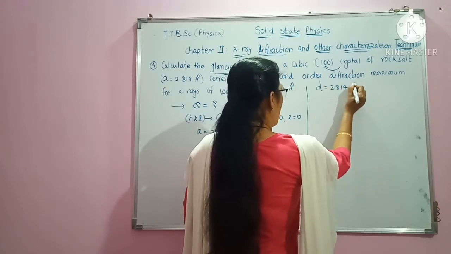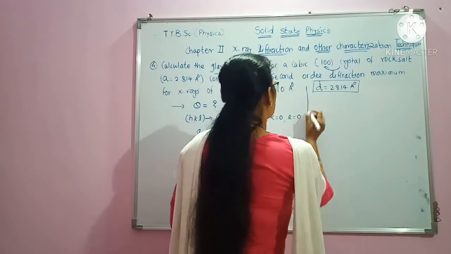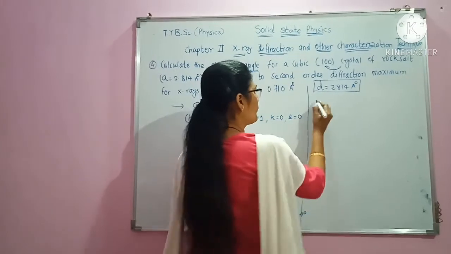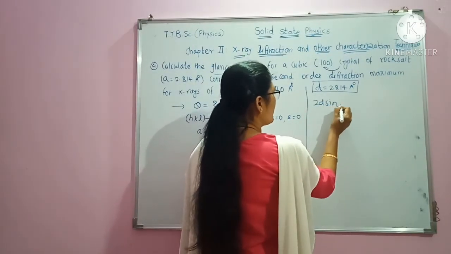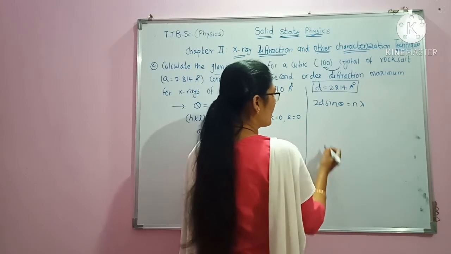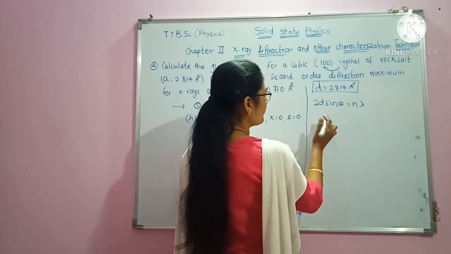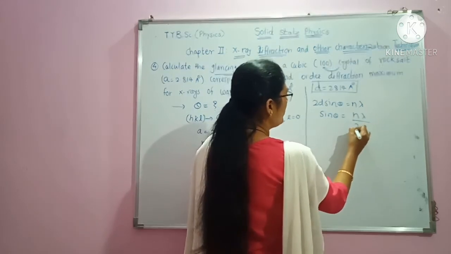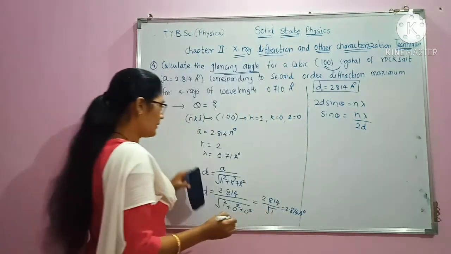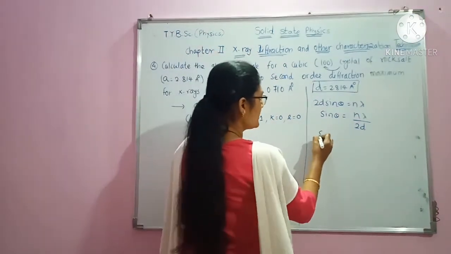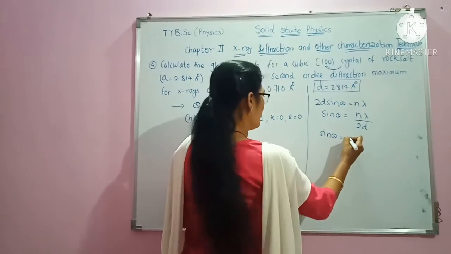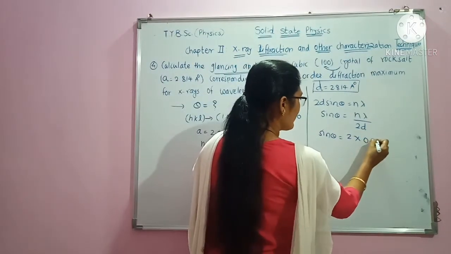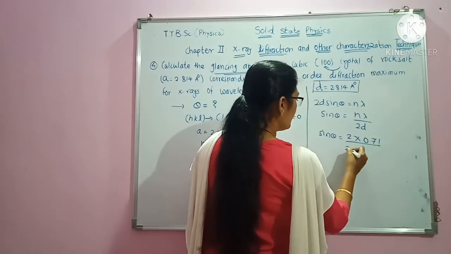So we have calculated the value of d as 2.814 angstrom, and now we have to calculate the value of theta by substituting value of d in Bragg's law. What is Bragg's law? 2d sine theta is equal to n lambda, and hence sine theta is equal to n lambda upon 2d, but for n is equal to 2, hence sine theta is equal to 2 into lambda is given as 0.71 divided by 2 into d.